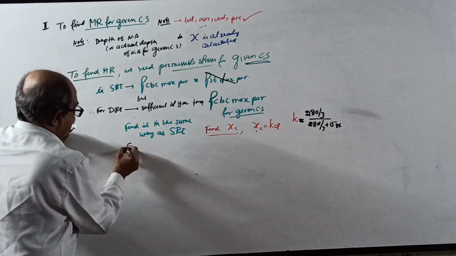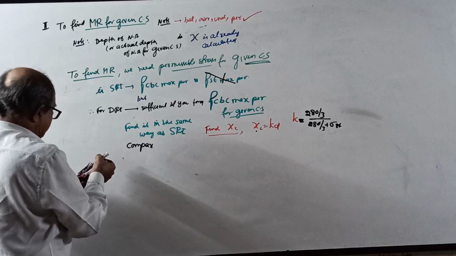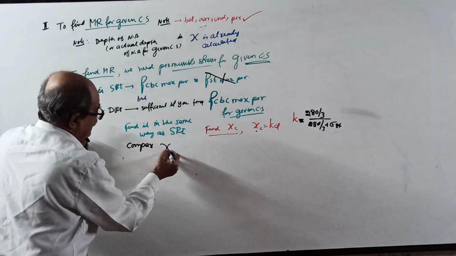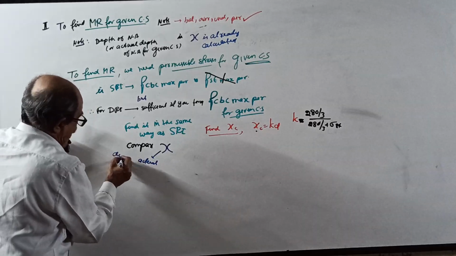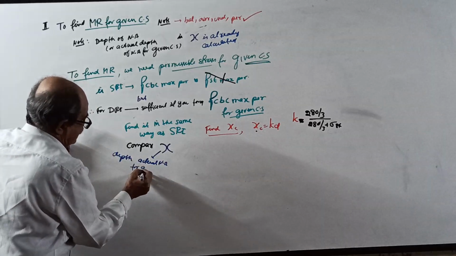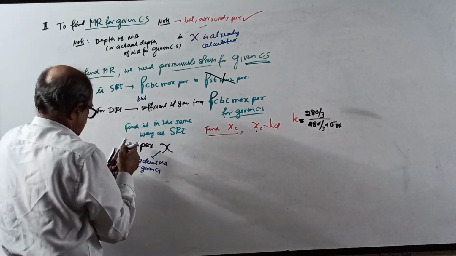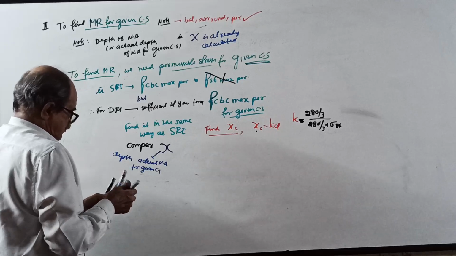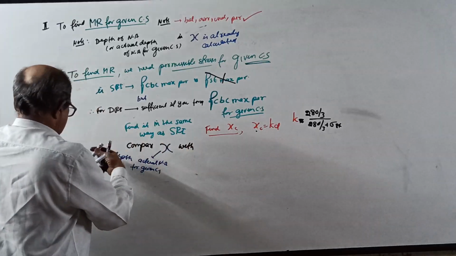Then compare whatever x came for the cross section, the actual depth of neutral axis, with your XC.